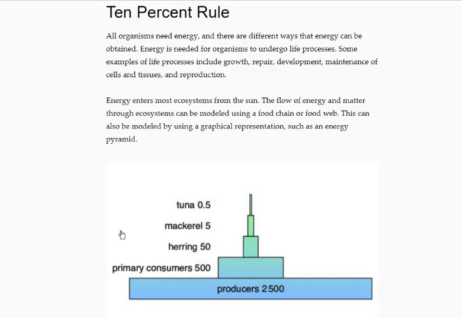Think about all of the energy that goes into producing a cow and growing it up for 5, 6 years until it's old enough to be slaughtered and turned into hamburger. You've got to feed that cow for 5 years. Think of all the grain and corn and oats and stuff that cow has to eat to get to the point where it's mature enough to be eaten itself. That's a very energy intense procedure. And we're only talking about a primary consumer right there.